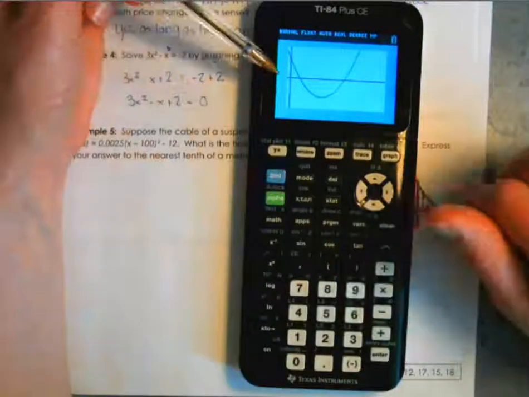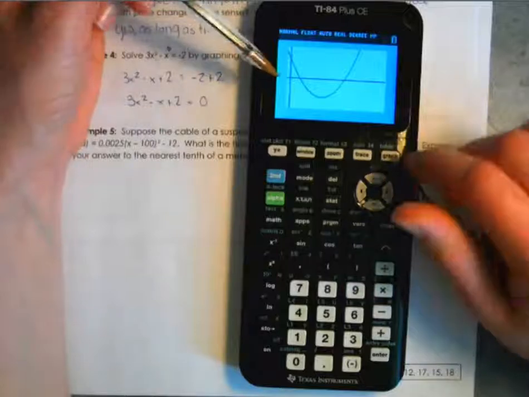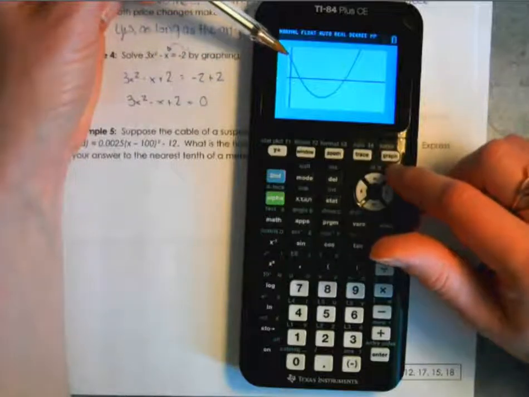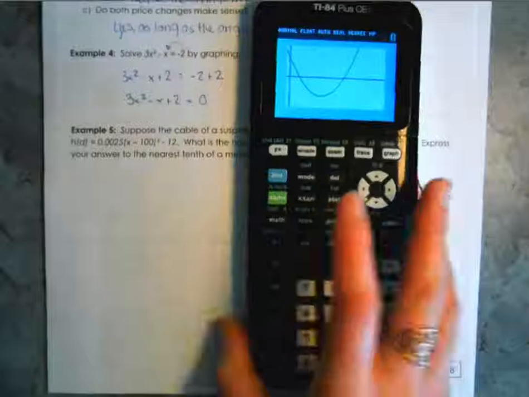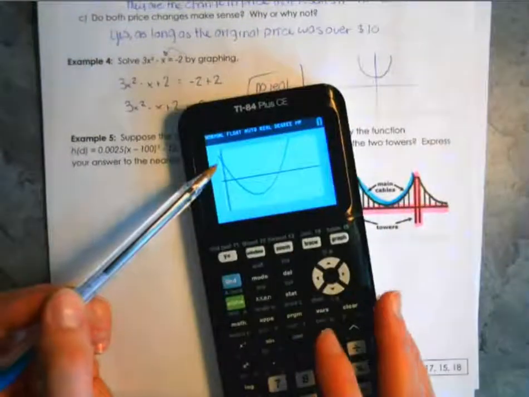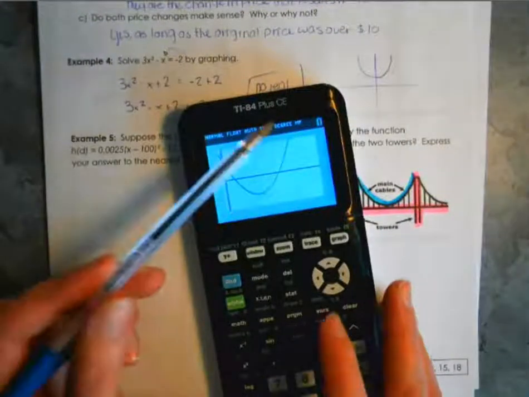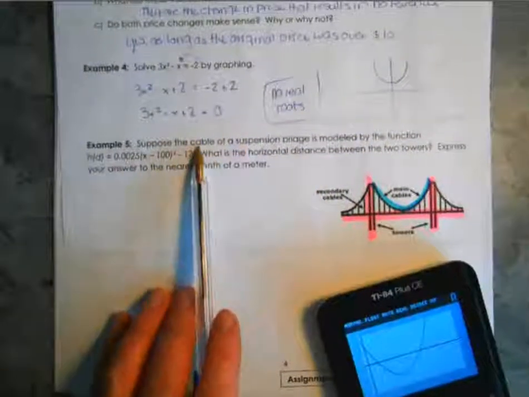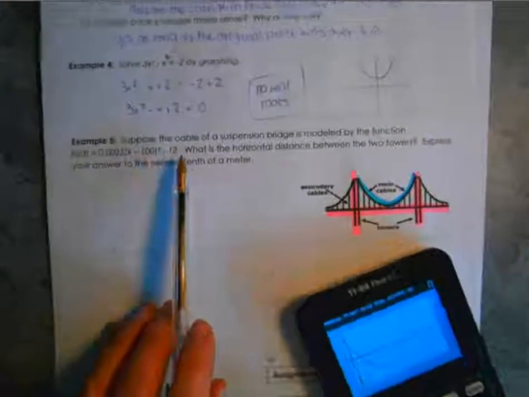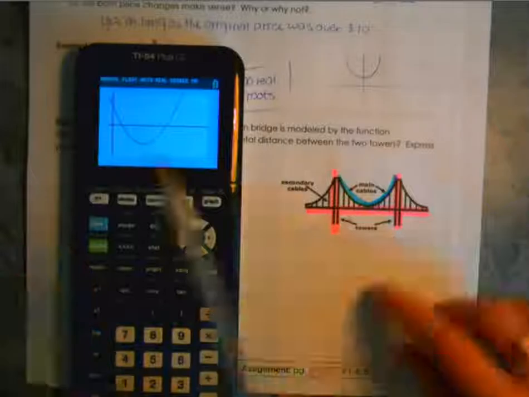Okay, so now we have this, and we want to see what our x-intercepts are. If you think about it, this part here is representing the cables, like it said. The cables are represented by this function, and we want to solve for the distance between the cables.